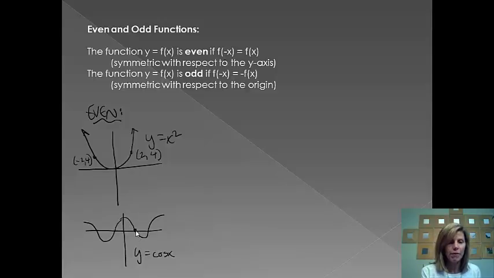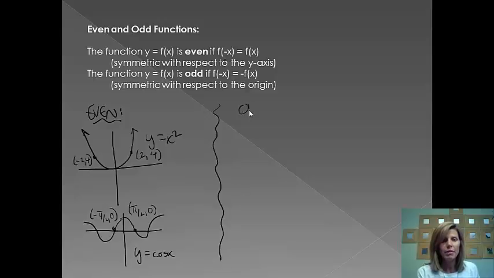Same thing here. Where does that hit? I believe it hits at pi over 2, so that would be at pi over 2, 0. And this would be at negative pi over 2, 0. And if you look at that, whether it's x or negative x, the y value is the same, and that's what makes it, at least algebraically, an even function.